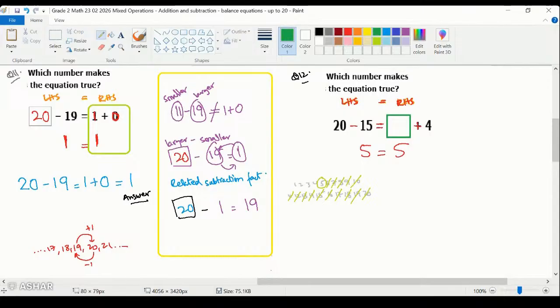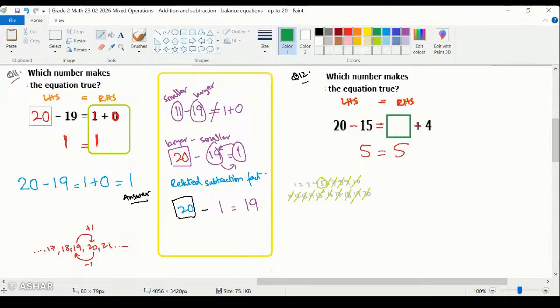Yes, perfect, May. The answer comes out to be 5. Now we need to see, yes, this. What is the missing number that should come in the green box? How many numbers do we need to add to 4 to make it 5?